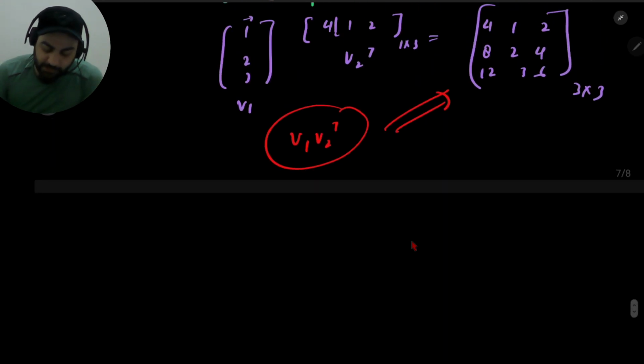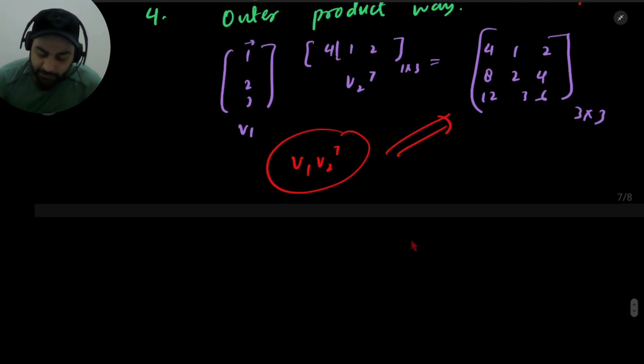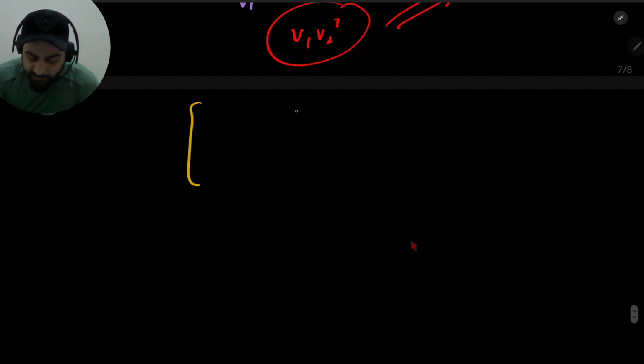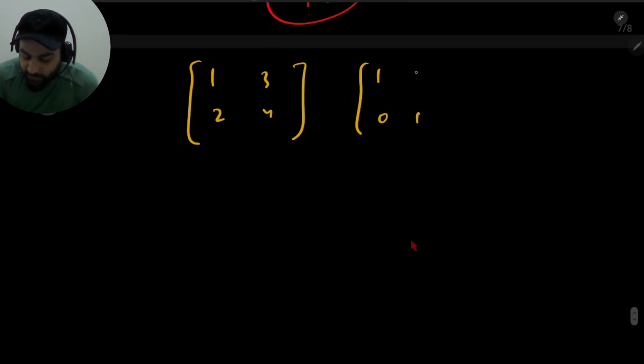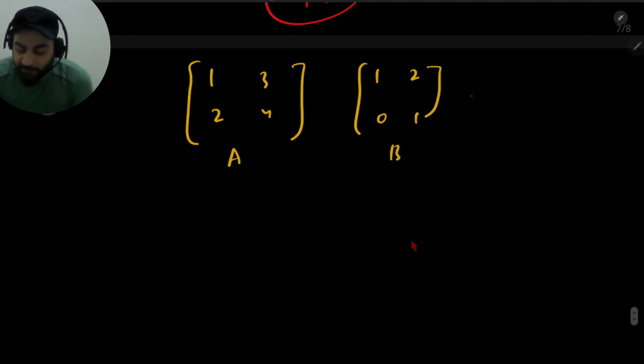Now I'll use this outer product to compute the matrix multiplication. Let's suppose I have this matrix 1 2 3 4, and 1 0 4 1, something like that. Let's make it 2. This is my matrix A, this is my matrix B. Carefully see what I'll do.